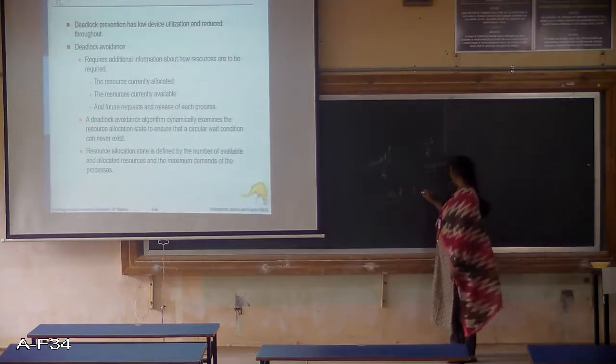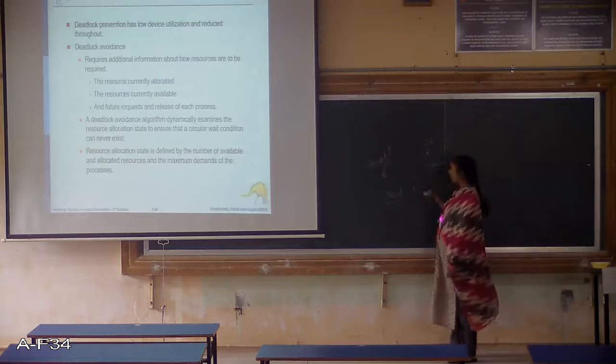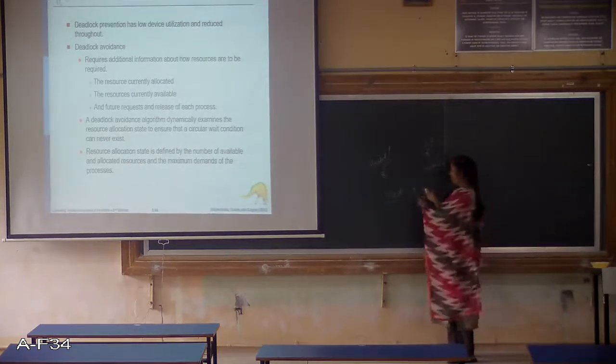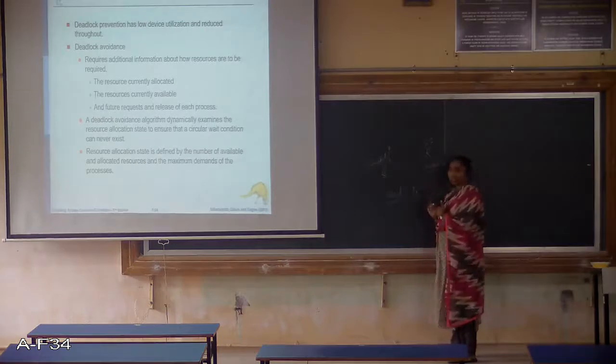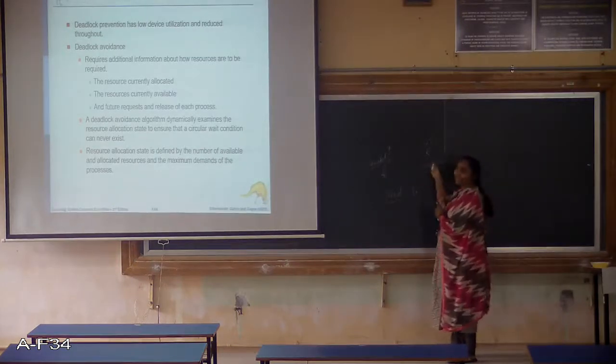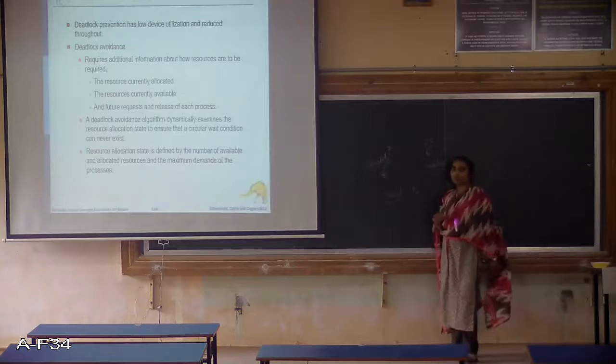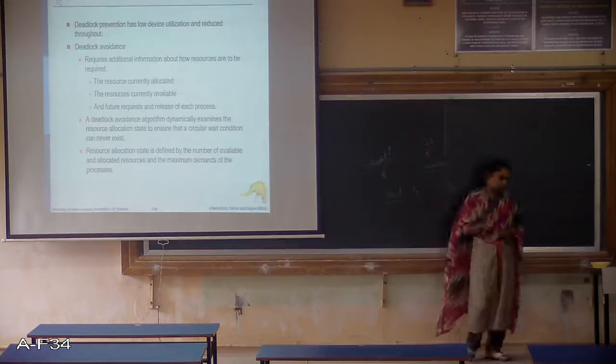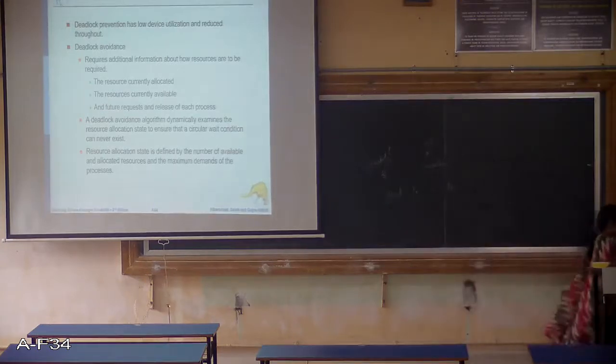If there are n processes in the system, for each of those processes, what are the resources allocated? What is available after all the allocation? How many resources are remaining? And what resources does each of these processes require? And how will you be able to allocate these resources?